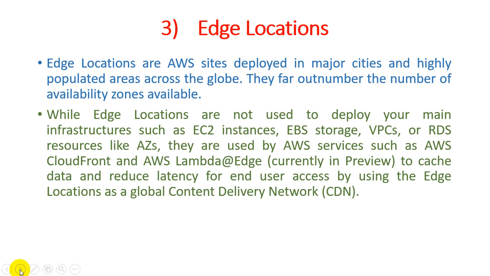While edge locations are not used to deploy your main infrastructure such as Elastic Compute Cloud or EC2 instances, EBS storage, VPC or RDS resources like AZs, they are used by AWS services such as AWS CloudFront and Lambda@Edge, currently in preview, to cache data and reduce the latency for the end user's access by using the edge location as a global content delivery network. It is nothing but a CDN.